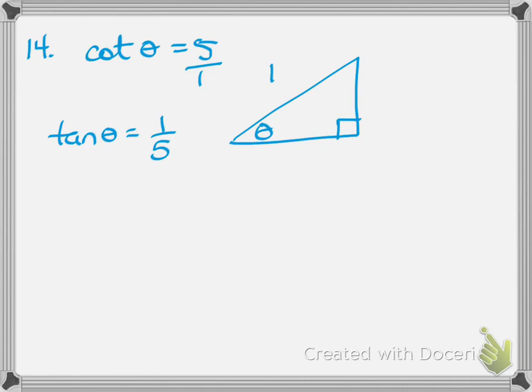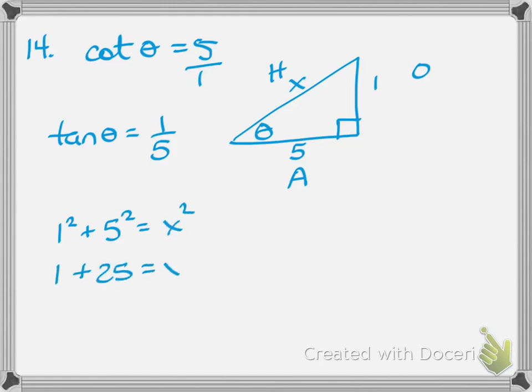So you've got the hypotenuse, you have the opposite, and you have the adjacent. So tangent is opposite over adjacent. So we just need to figure out that side right there. So a squared plus b squared is c squared. Finish up your Pythagorean theorem.